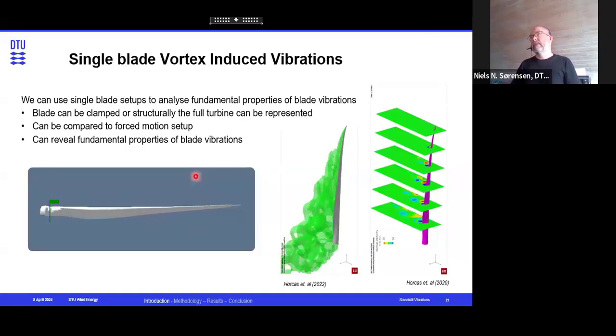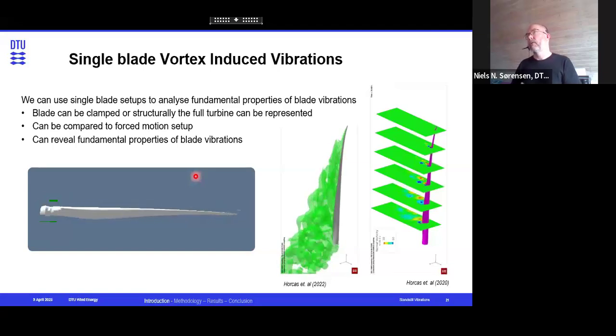We have used that to study single blade vortex induced vibration, comparing it with the forced motion to validate that the forced motion is a good representation. That relies on the fact that at the low wind speeds we see for vortex induced vibrations, the structure is not heavily deflected compared to a non-loaded case.